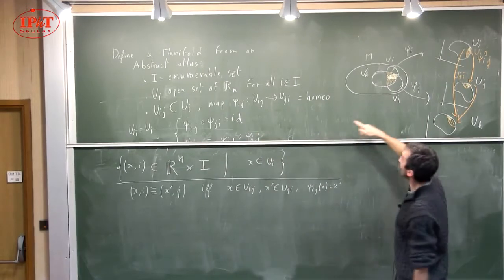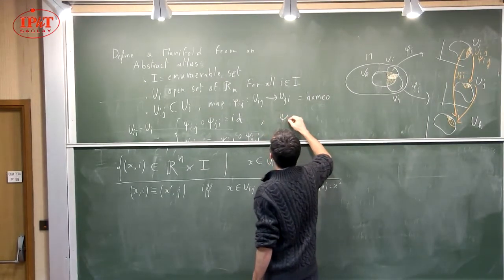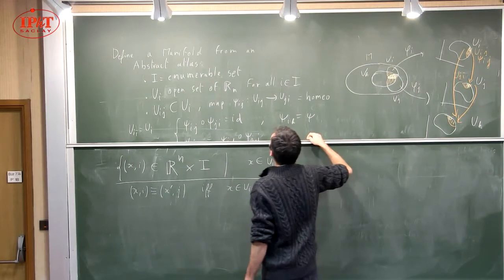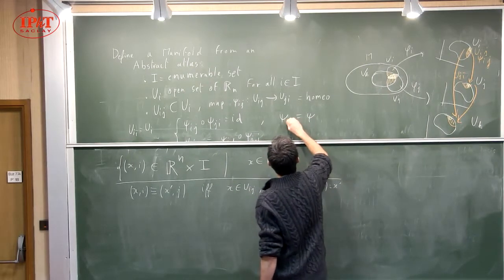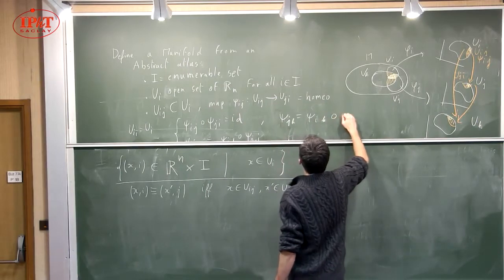The second condition was psi jk equals psi ik composed with psi ji.